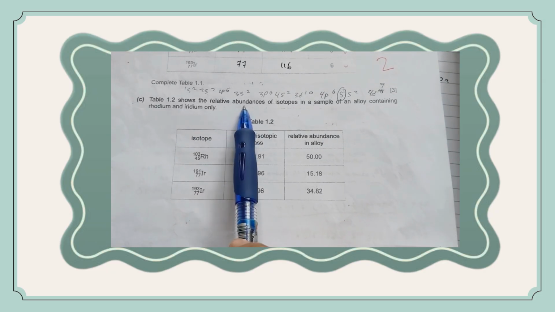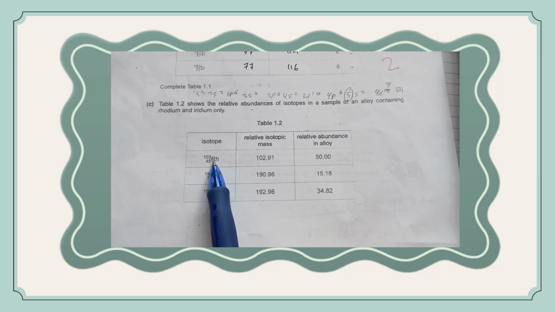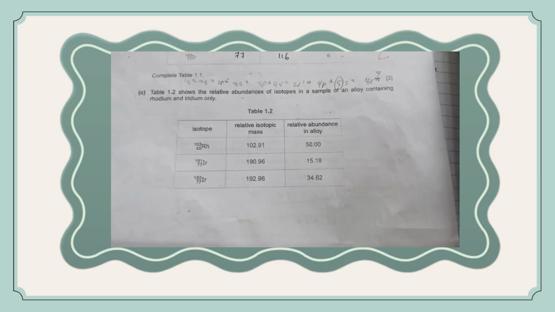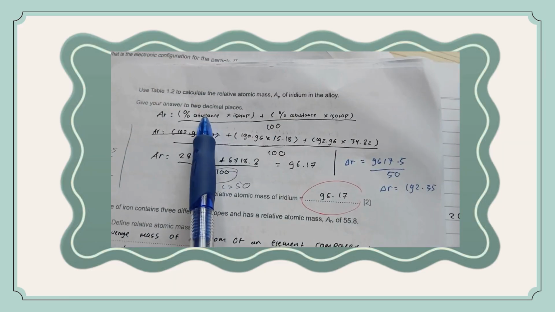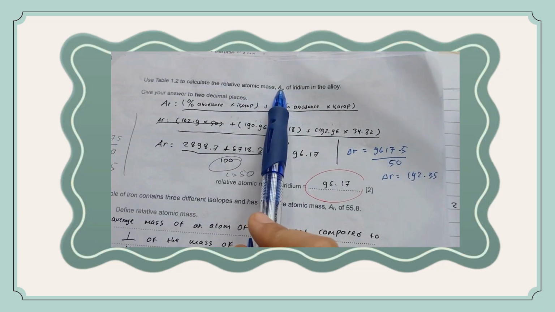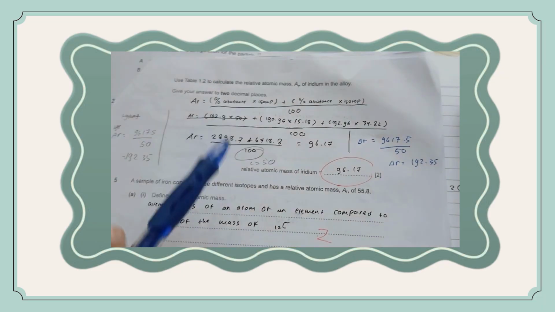Next, the table shows relative abundance of isotopes of a sample of rhodium and iridium. The question that I got wrong is calculate the relative atomic mass of iridium in the alloy.